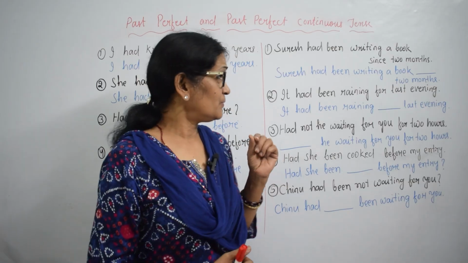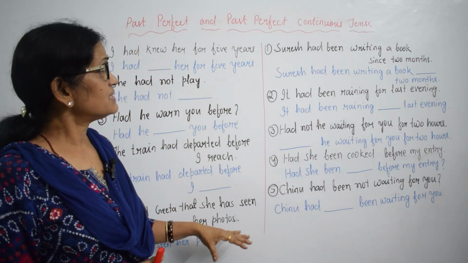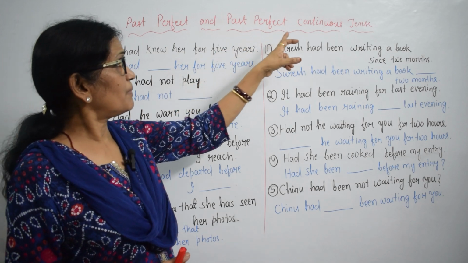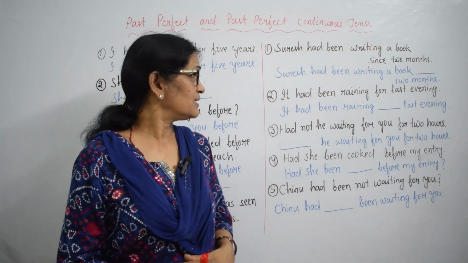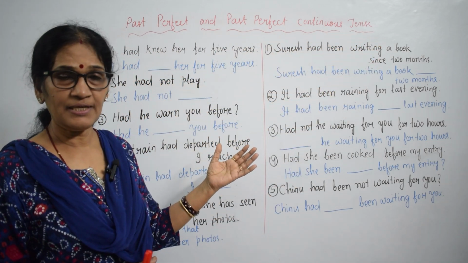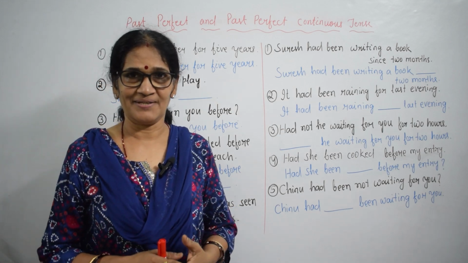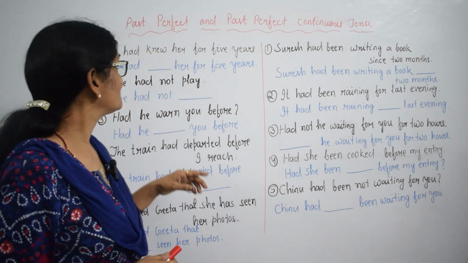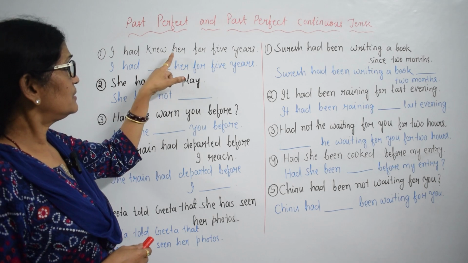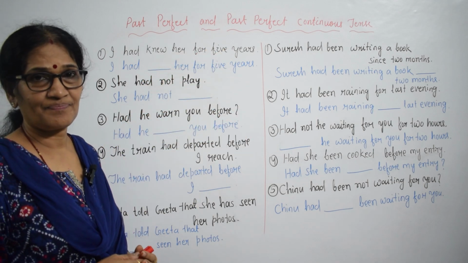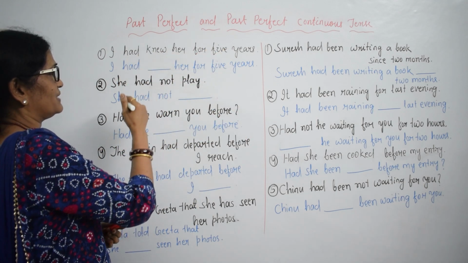Now the representation is of past perfect and past perfect continuous tense. The verbs are used incorrectly. We need to use them correctly. So let's start. I had knew her for 5 years. This is past perfect.